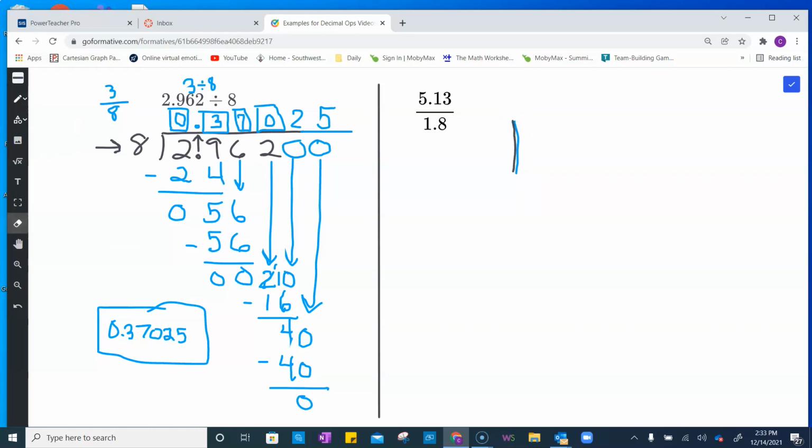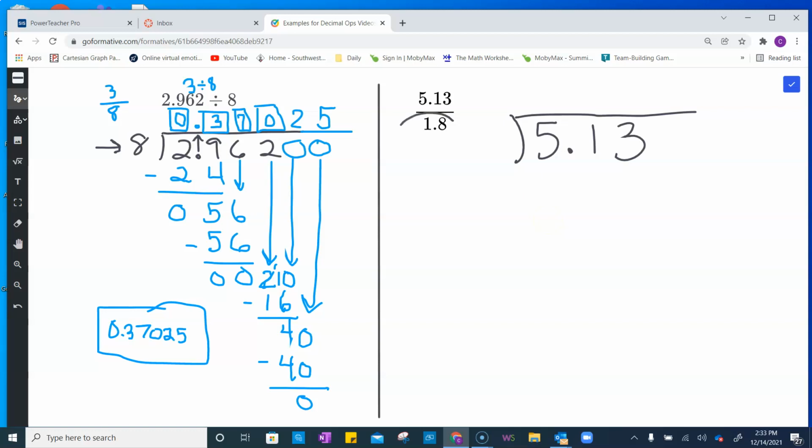Here, let me get that blue on. That's kind of confusing. So to set it up, again, your numerator always goes in the house. Whether it's bigger or smaller than your denominator, it doesn't matter. And when you set it up, make sure you give yourself some room to do your division. And we're going to answer our quotient as a decimal. And so we're going to divide till this number ends or repeats a pattern.